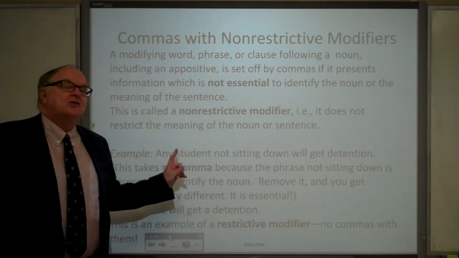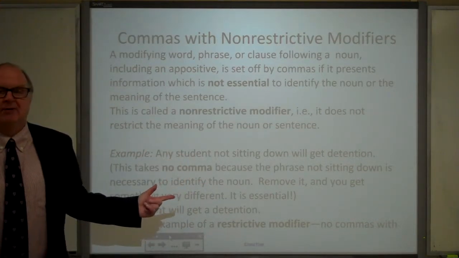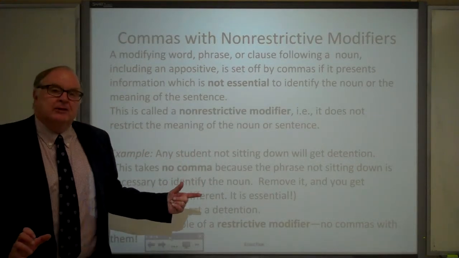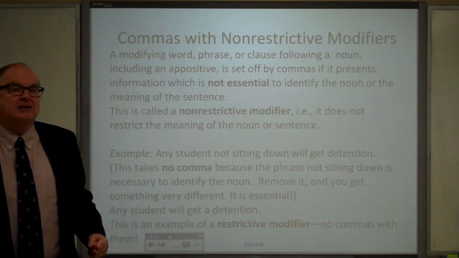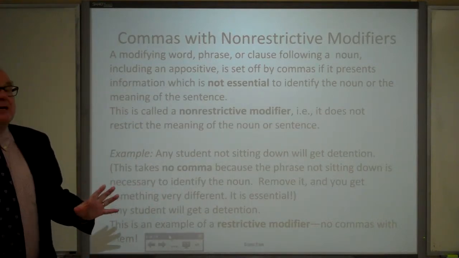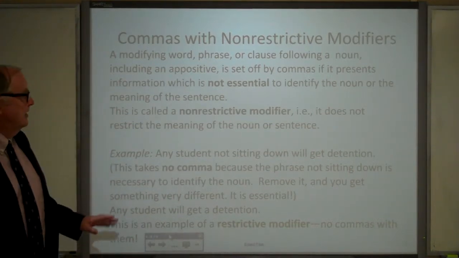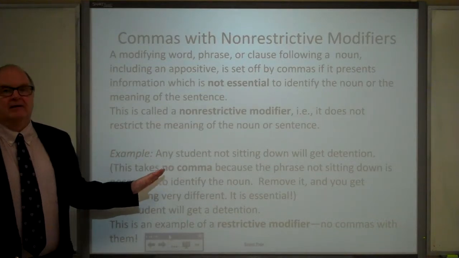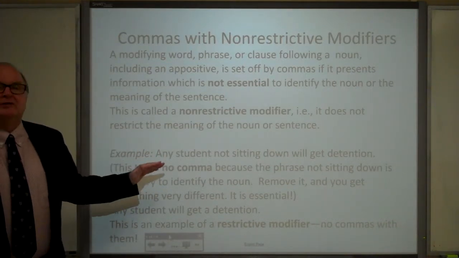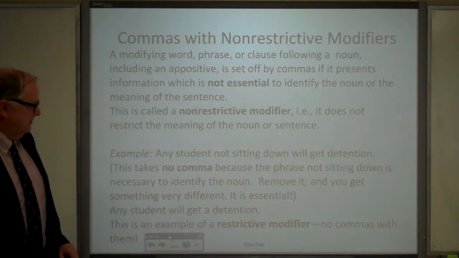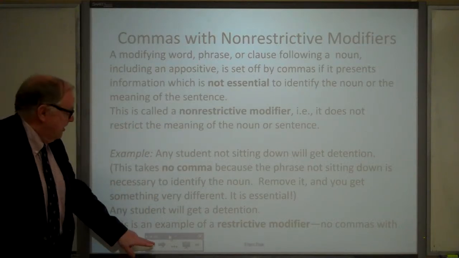So this is an example of a restrictive modifier. In other words, it restricts the meaning of the sentence. If you remove it, the meaning significantly changes. So there's no comma there. That's essential for the meaning of the sentence, so we don't set it off by a comma.